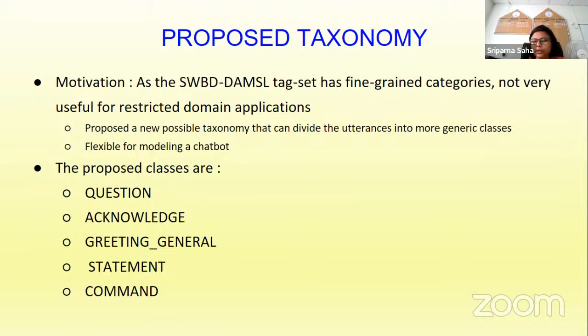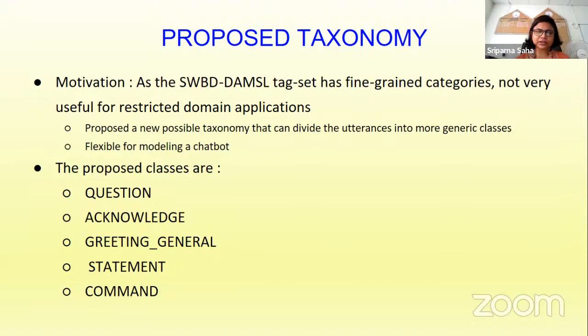But it is a large corpus, and classifying 42 tags at a time is very difficult. So we have grouped some of the classes, and we developed our own taxonomy.